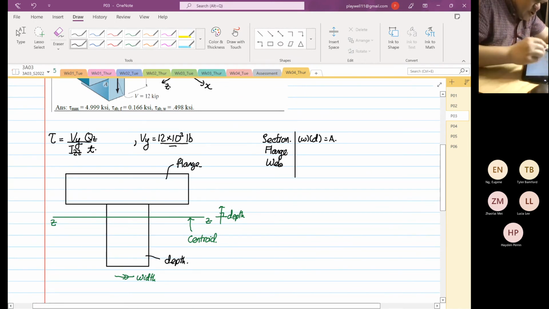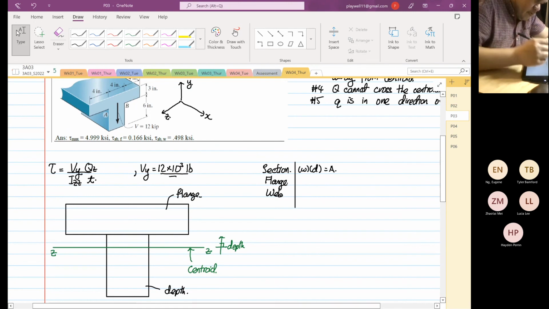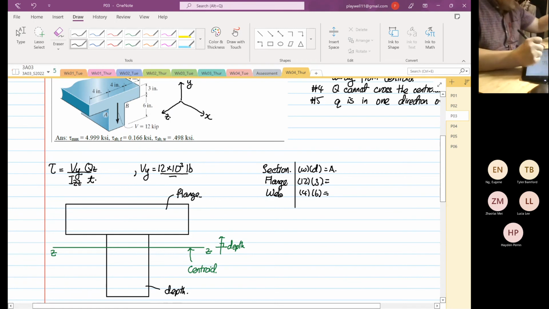Okay, so the width by looking at the diagram is 12. The depth is 3, right? And then for the web, the width is 4, the depth is 6. So then this will be equal to 12 times 3 is 36. 6 times 4 is 24.